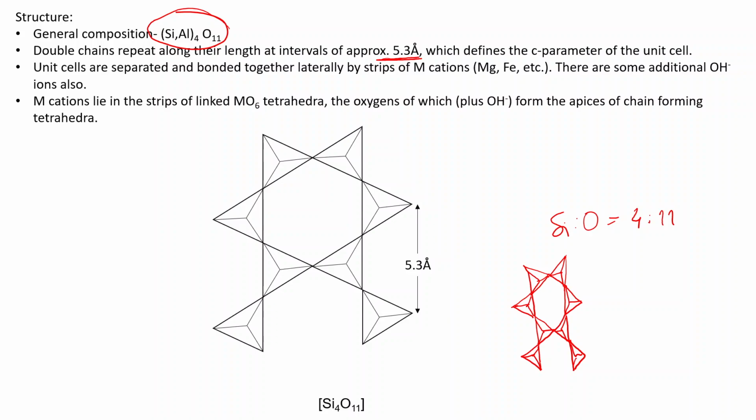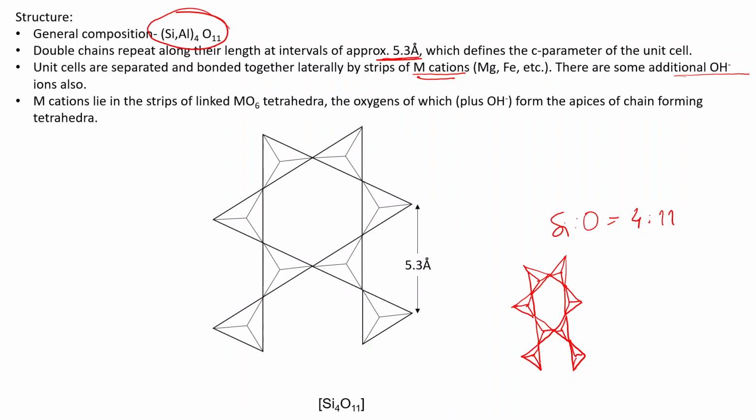Now the unit cells are separated and bonded together by strips of M cations. I'll just show in a bit what are M cations, which specifically are Mg and Fe. And apart from it, there are some additional OH ions also. Now, why do these OH ions exist in the amphibole structure?